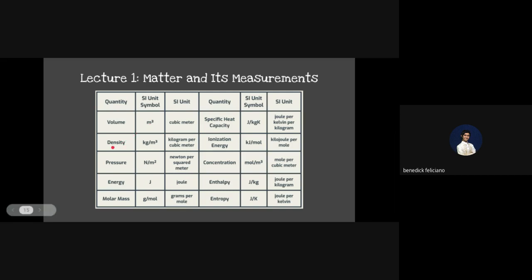Density is just the ratio of mass and volume. Pressure is just the ratio of force and area, and so on. So we have energy, molar mass, specific heat capacity, ionization energy, concentration, enthalpy, and entropy.